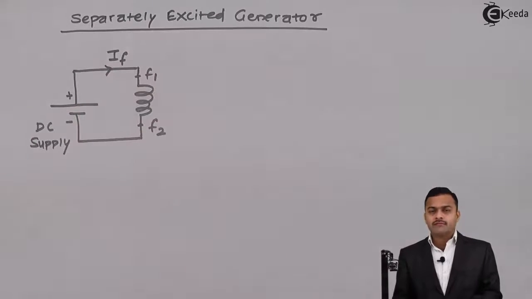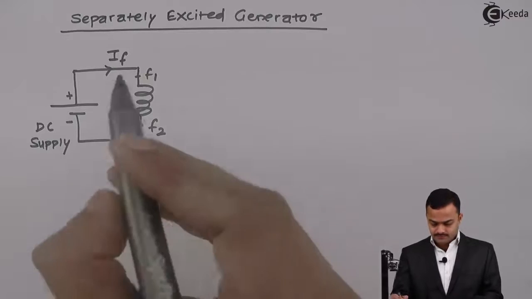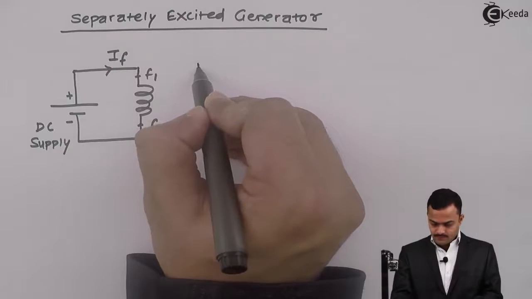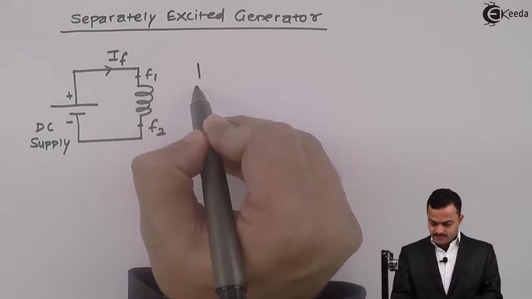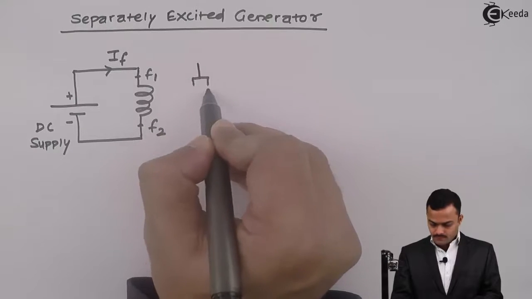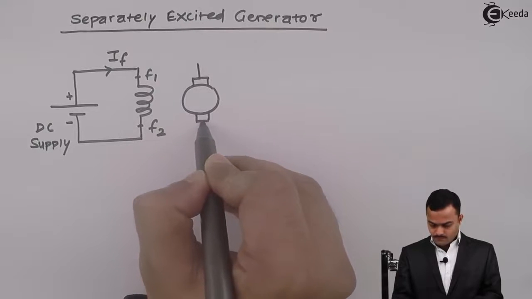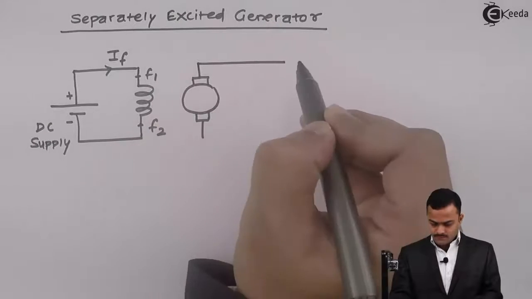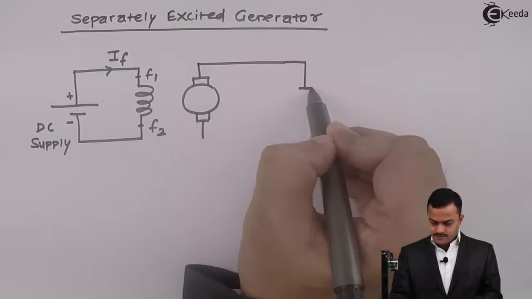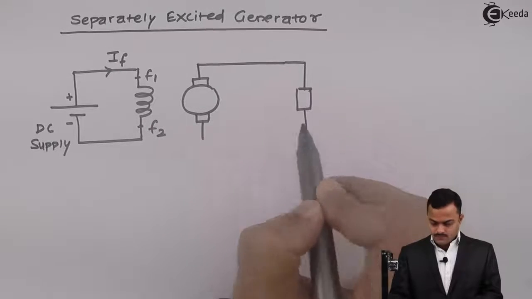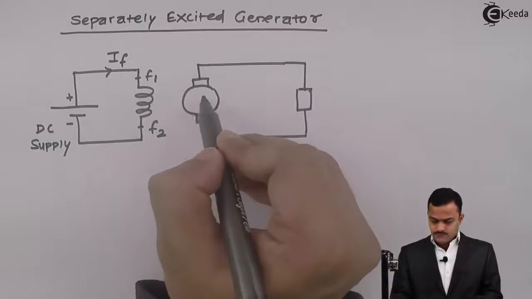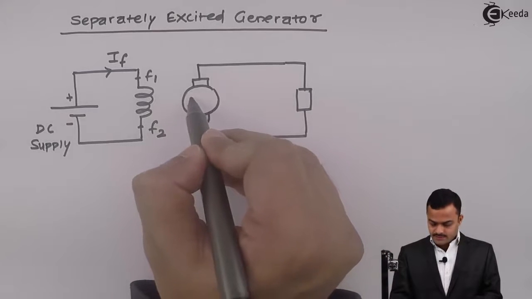It will produce the required flux, so that cutting of this flux by the armature will induce EMF in the armature conductor. Armature is shown like this, and load is connected. So generator is shown like this.